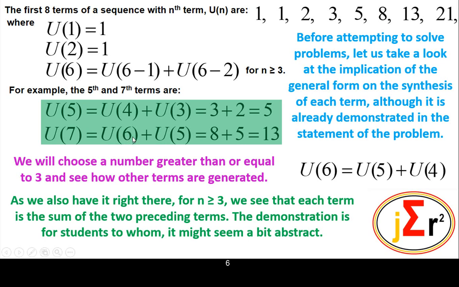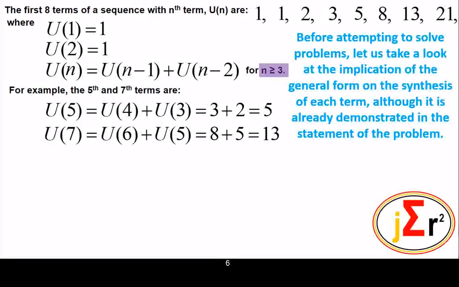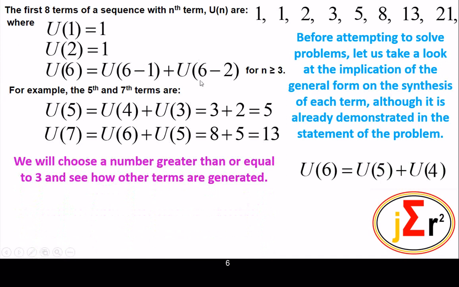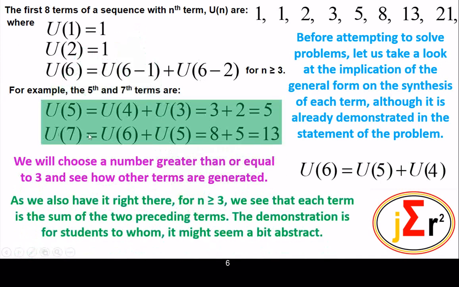The demonstration is for students to whom it might seem a bit abstract. So the examiners imagine that if it is left in algebraic form, it might seem a little bit abstract. So what they have done is that they have given us two examples of what they really mean when they say that un is equal to un minus 1 plus un minus 2.